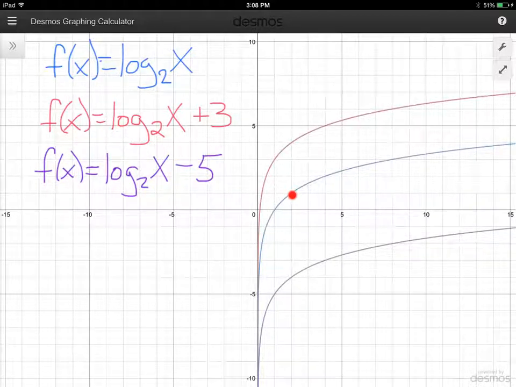And you notice that the graph of the red one is simply shifted up 1, 2, 3 spots. When we subtract a number, it'll move it down. And so this purple curve represents the function log base 2 of x minus 5. And again, that's just going to shift it down 5. 1, 2, 3, 4, 5.